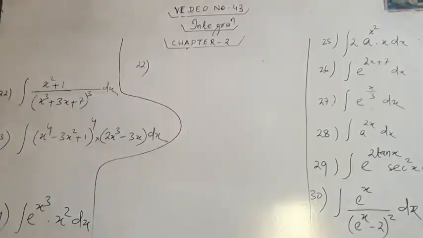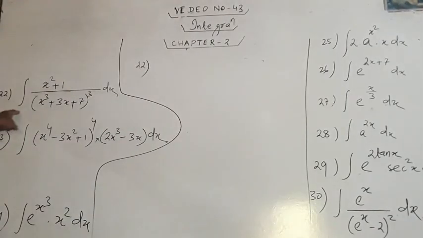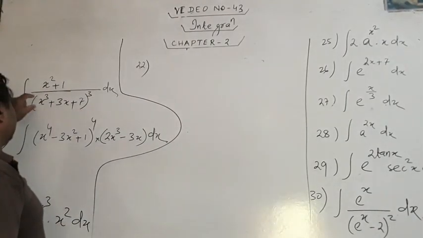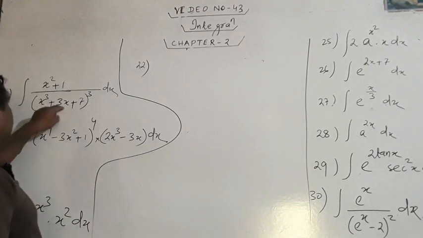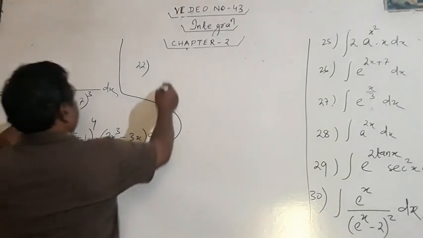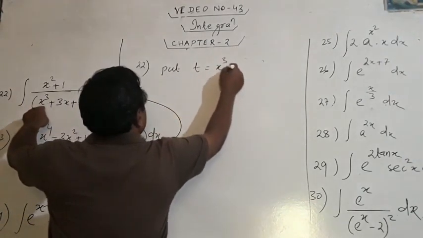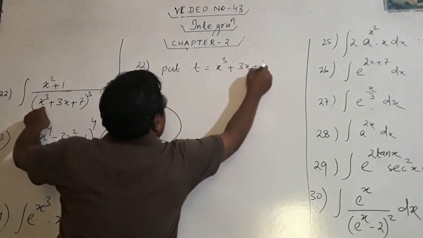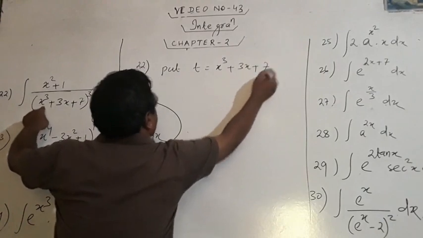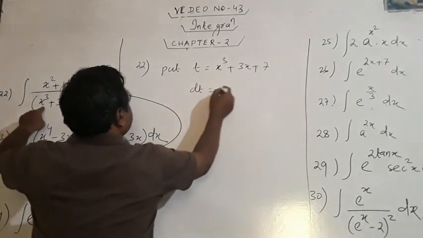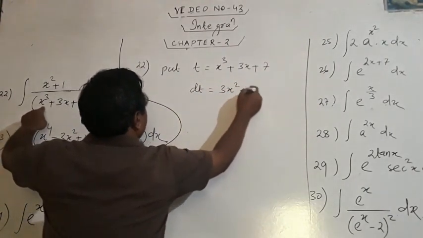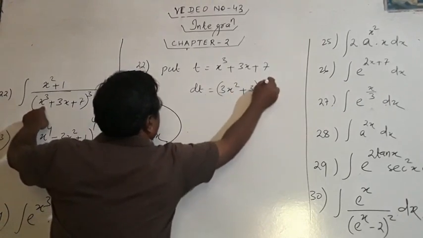Now look at this problem. What you have to do here? The derivative: put t is equal to this. Why? Its derivative, look at here. Put t is equal to x cube plus 3x plus 7. What is dt? It is (3x square plus 3) whole into dx.